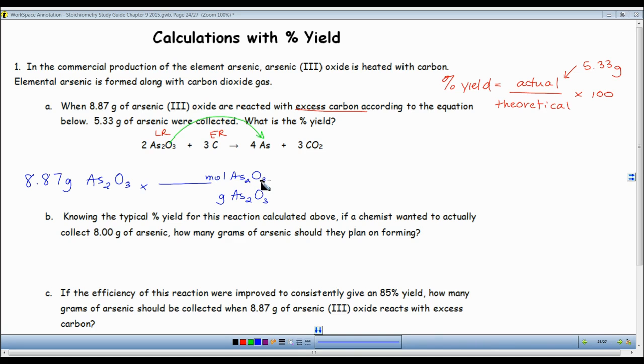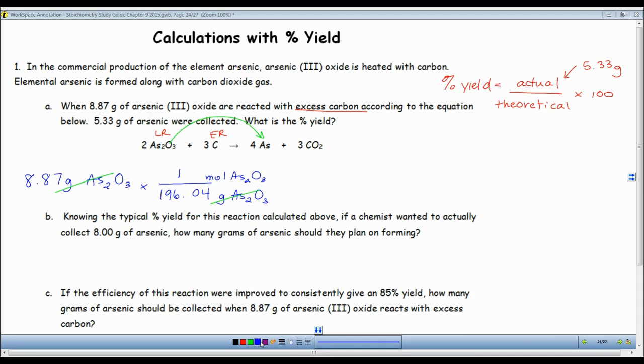Cool. Okay, so let's plug this in a calculator. 2 times the arsenic plus 3 times the oxygen. 1 mole. Woo. 196.04 grams. If you like to cross off your units, grams and grams are out.